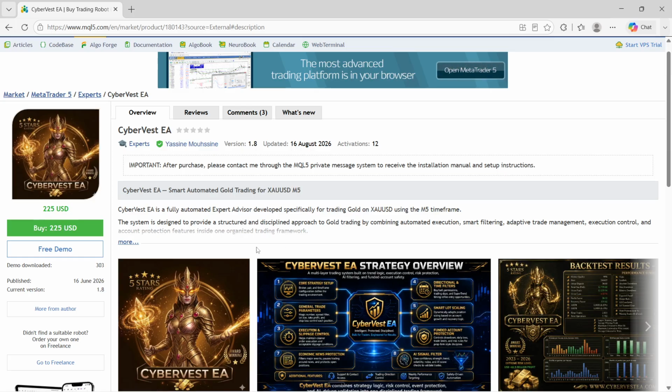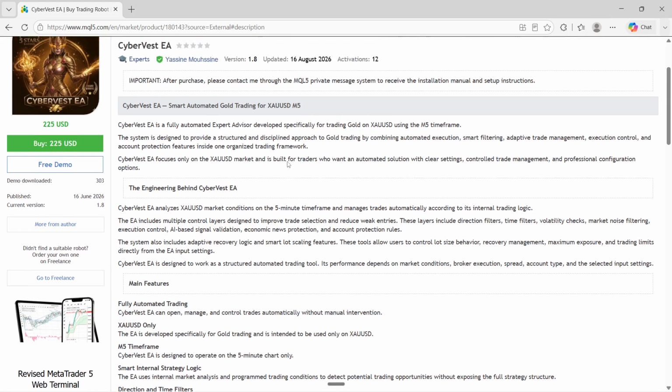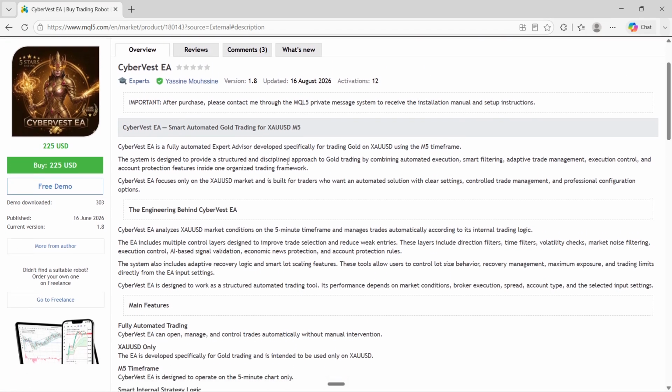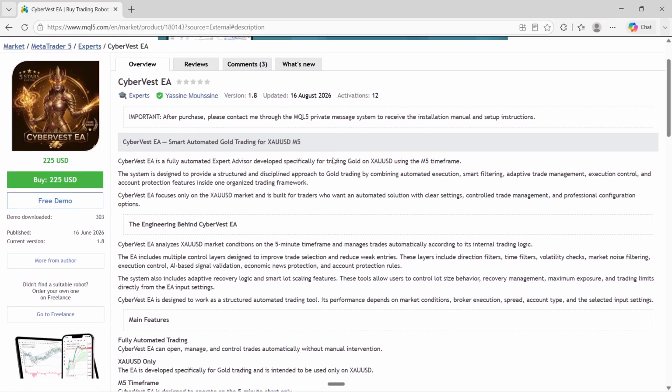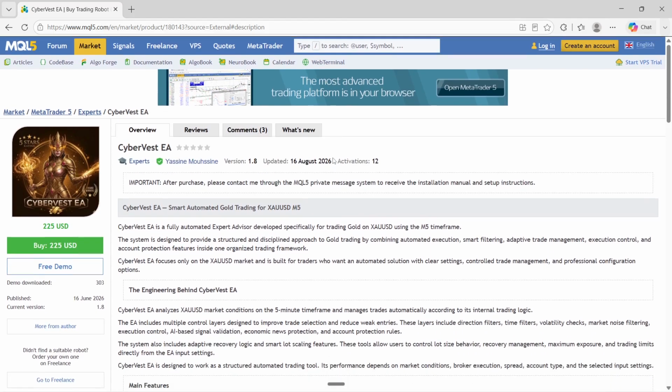Alright, as you can see, the EA goes for $225 US, and if you expand this, you can see on the MQL5 page that CyberVest EA is a fully automated expert advisor developed specifically for XAUUSD on the M5 time frame.